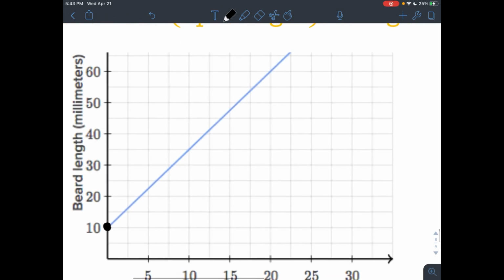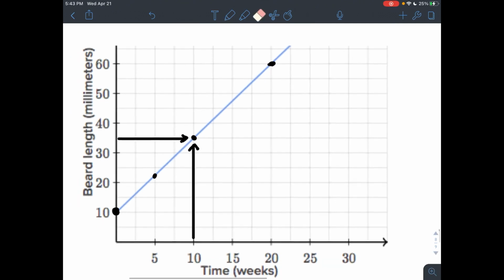And if I look at my line, we want to look for points on the line. This is a point on the line, and this is a point on the line, because it's exactly where it lands on 2 little corners of the square. If you look at this one, it's a point on the line, but that's not going to be easy for me to read, because it doesn't fall exactly on numbers written on the graph.